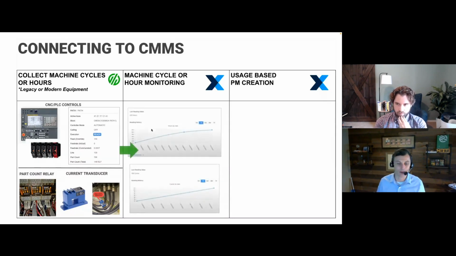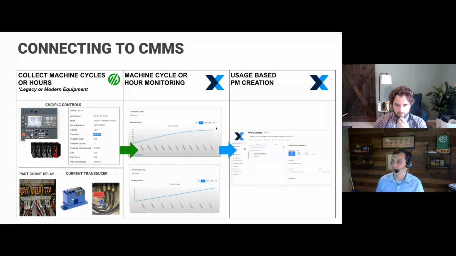That can then pass into these modern maintenance systems that allow you to collect cycles and hours over time, which can be used for meter-based PMs or usage-based PMs.